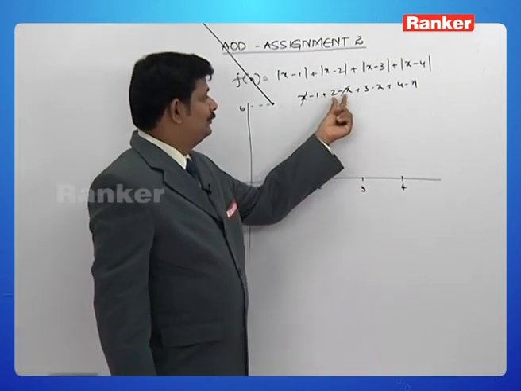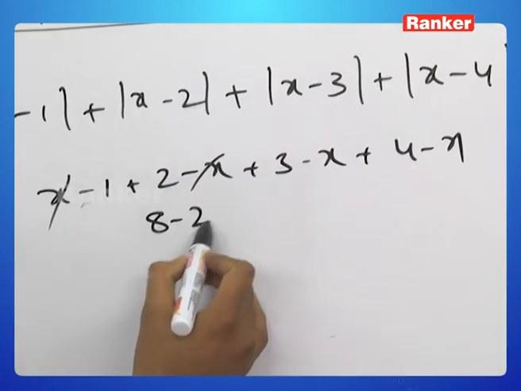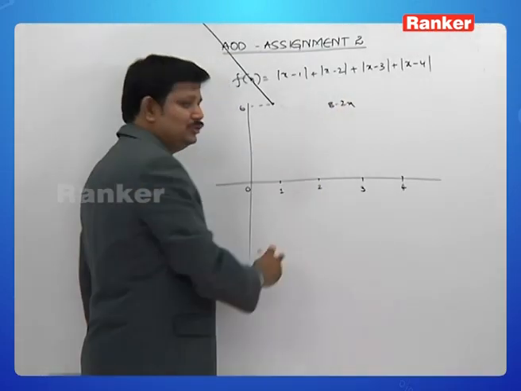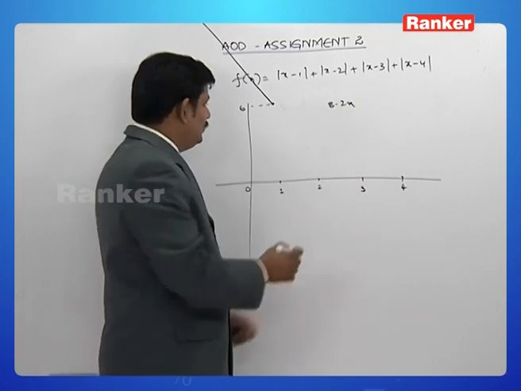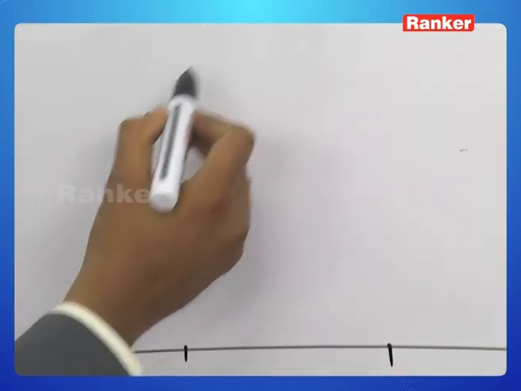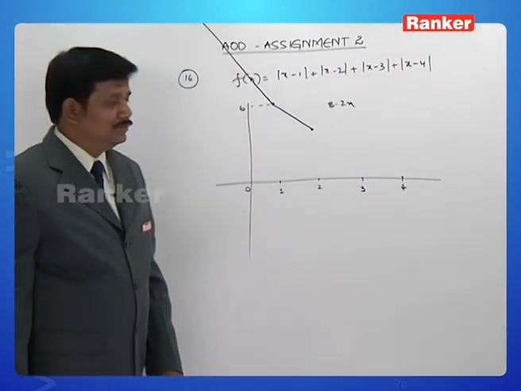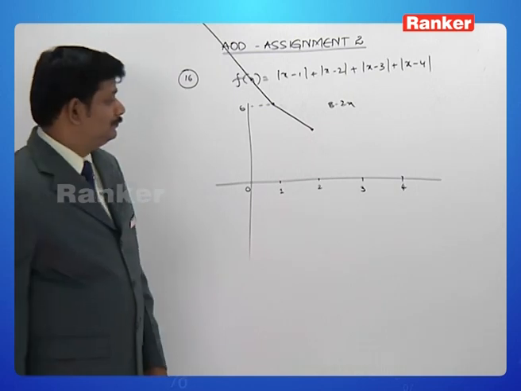So we have 8 minus 2x, function as 8 minus 2x between 1 to 2. At 2, this becomes 4, and at 1 it will be 6. It is a continuous function. So it is a straight line joining these 2 points.